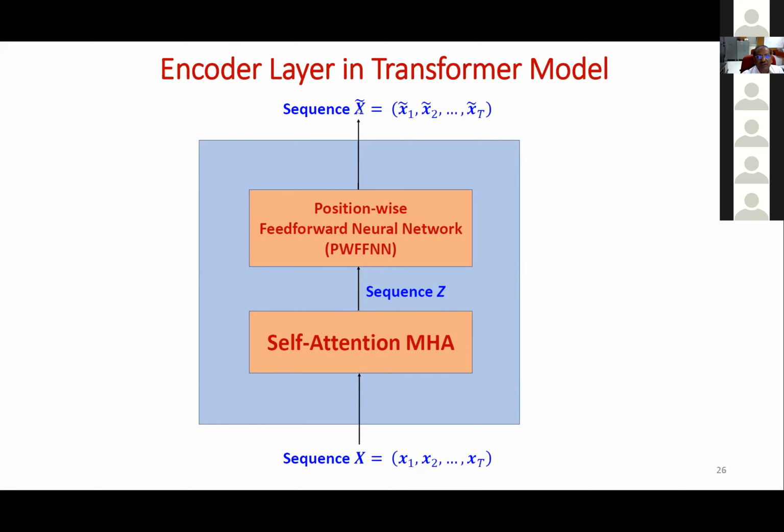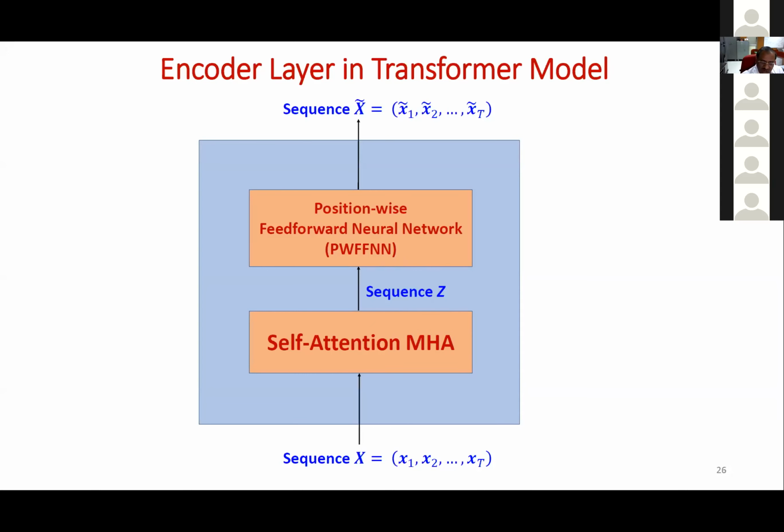But please remember that the length of this sequence is exactly the same as this, and the dimensionality of this is also the same as the dimensionality of X. Okay. But this forms only one layer in the encoder module because we are going through only one set of transformations, both linear transformations in the MHA and nonlinear transformations in the position-wise feed-forward neural network.